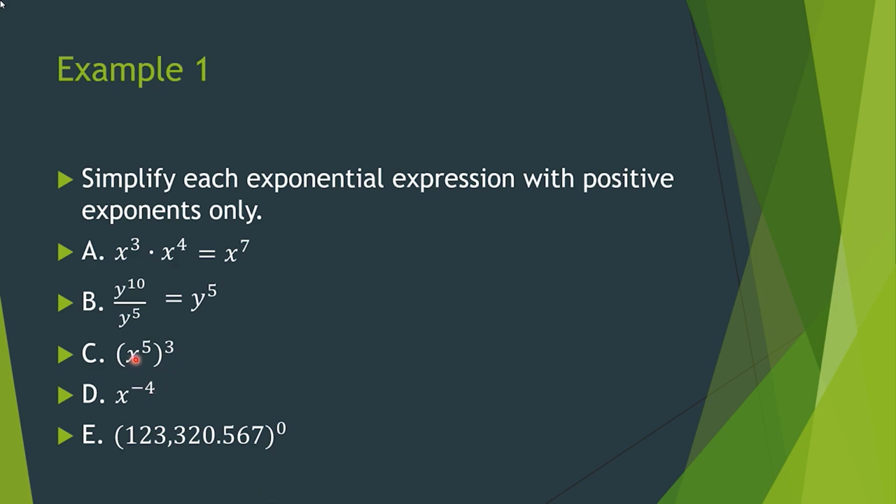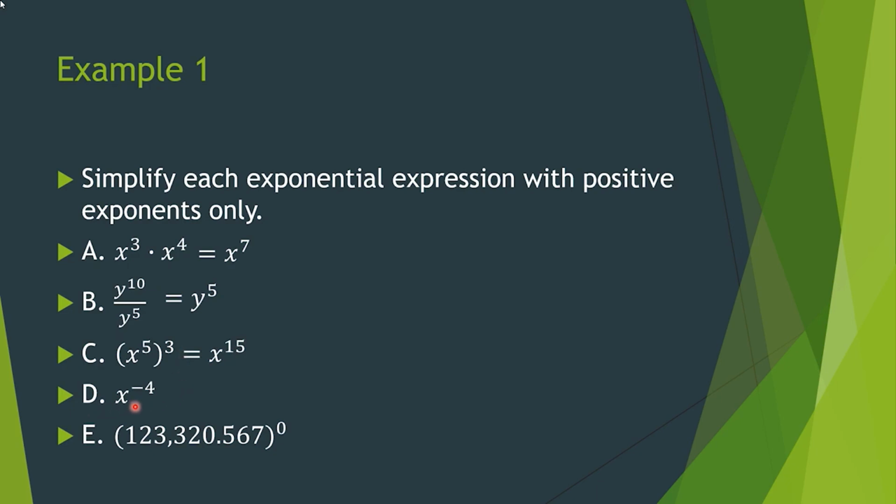Letter C, x to the 5th, and that whole thing is raised to the 3rd power. Well, you're using the power rule there, which tells you to multiply these. So 5 times 3 gives you 15, so that would be x raised to the 15th power.